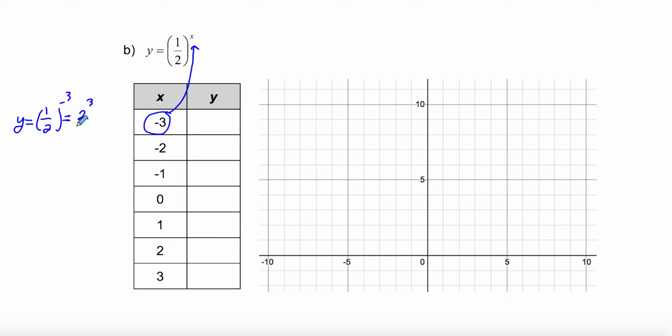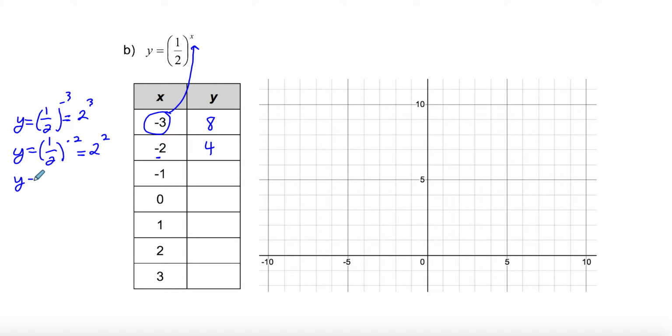I don't usually write the 1 underneath. So my answer there is 8. I would sub in 1/2 to the -2. I would use the reciprocal because I have a negative exponent, so 2/1, but then the exponent becomes positive. So now that's 4.